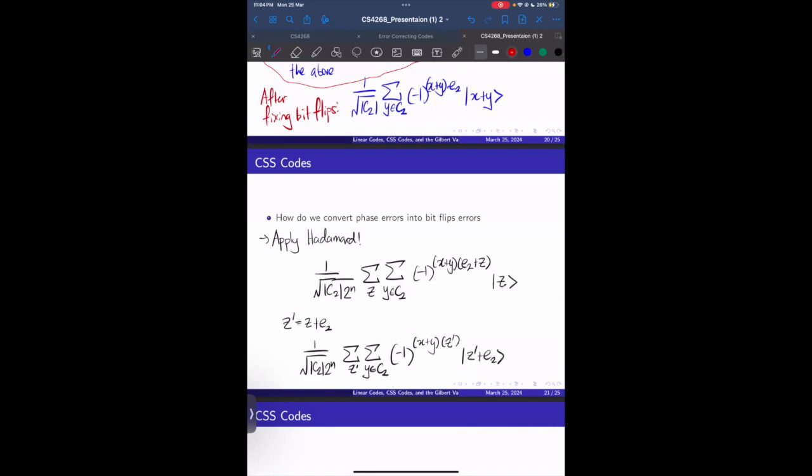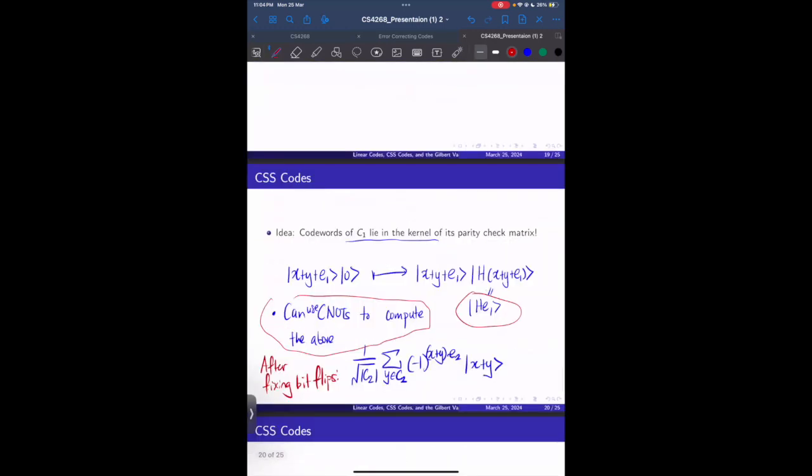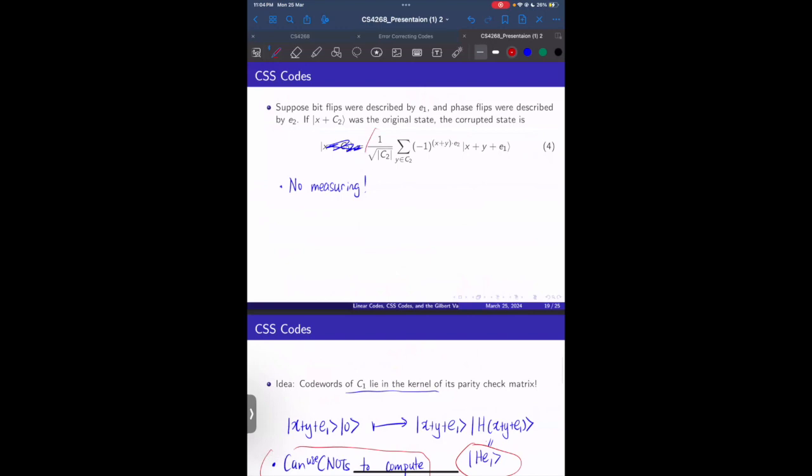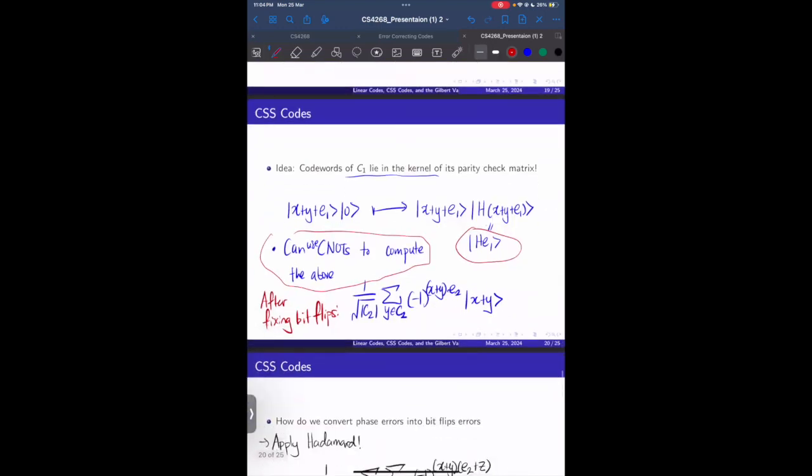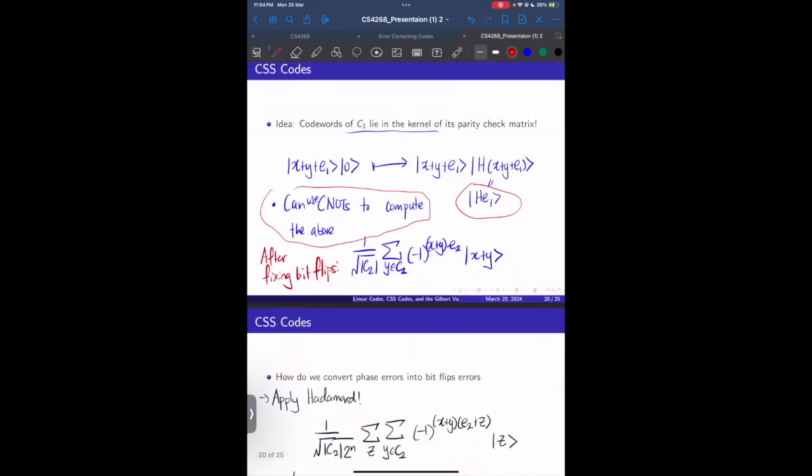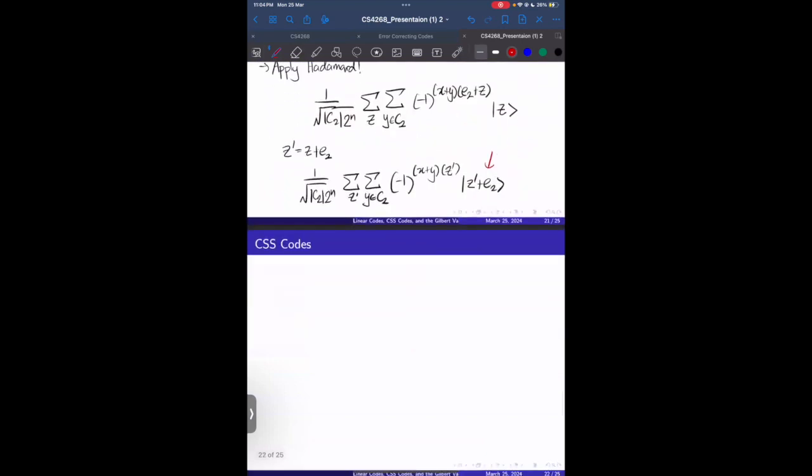Now we see, nice, we have this here. We have to somehow massage this expression so that we can make it similar to this, and once it's similar to this expression, we already know the solution: use a bunch of CNOTs to compute the syndrome and just do the corresponding bit flips, right?